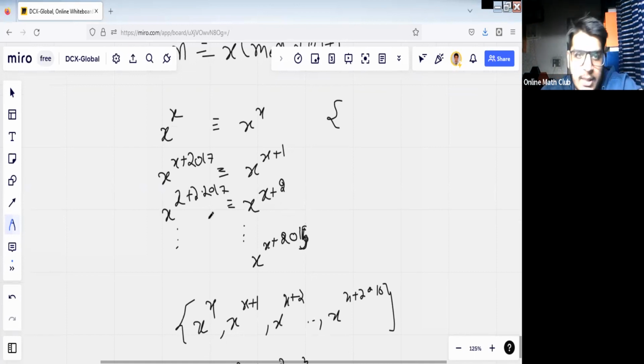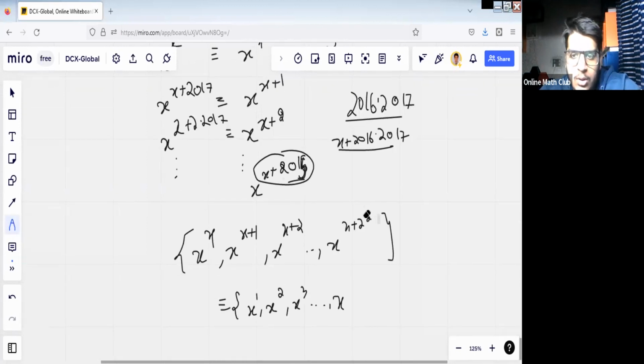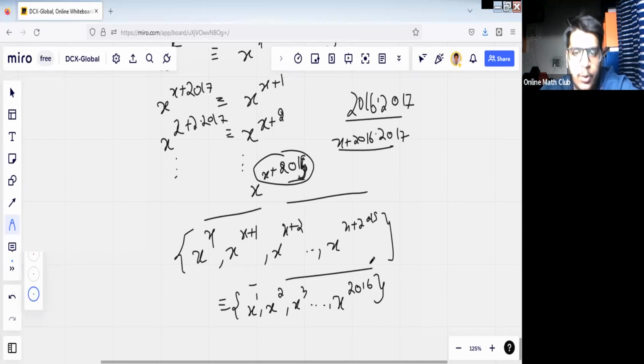This should be 2015, because you go up till 2016 times 2017, right? So we'll essentially have 2015, and this set is equivalent to x to the power 1, x to the power 2, so on to x to the power 2016, 2016 exponents.